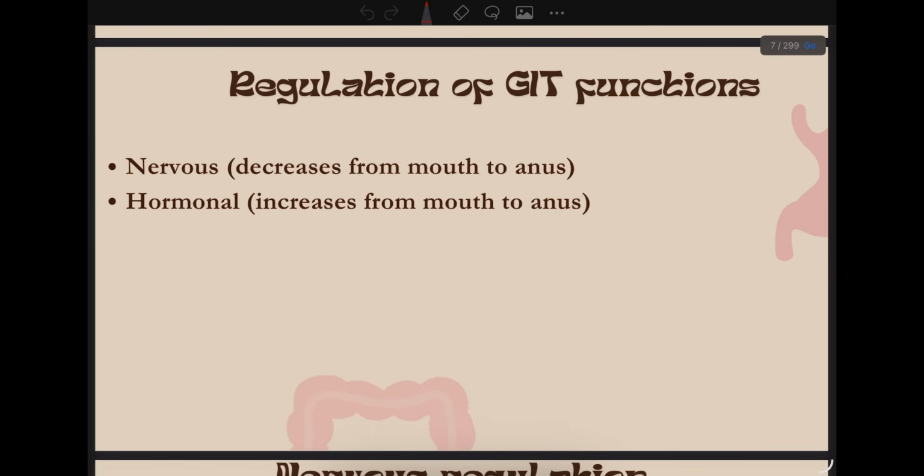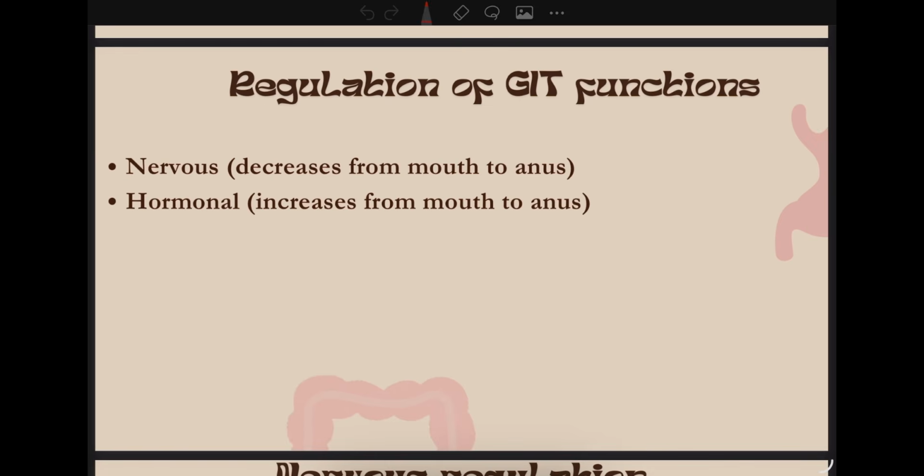Okay, so when we talk about regulation of GIT functions, it could be either nervous or hormonal. Regulation of anything is nervous or hormonal. If it's nervous, it starts strong from the mouth. So when we talk about saliva or anything like that, it will be mostly nervous control, and it decreases from mouth to anus. So it gets less important as you move from up to down.